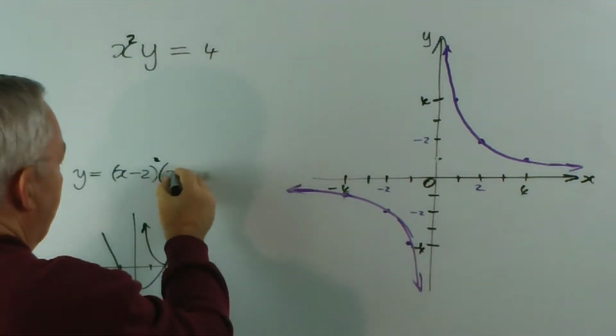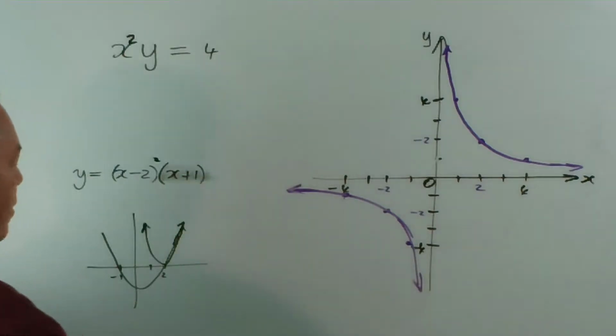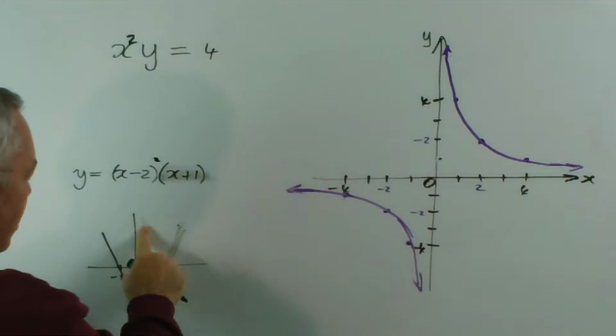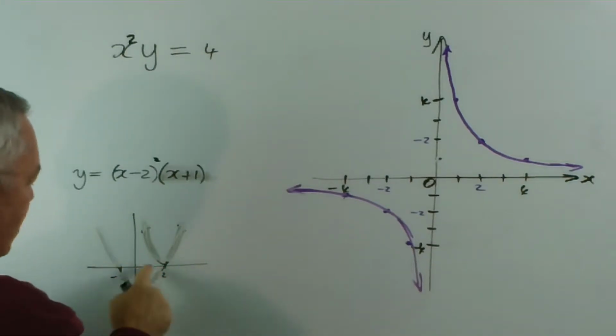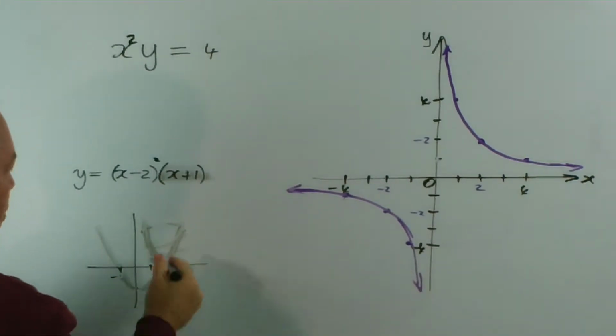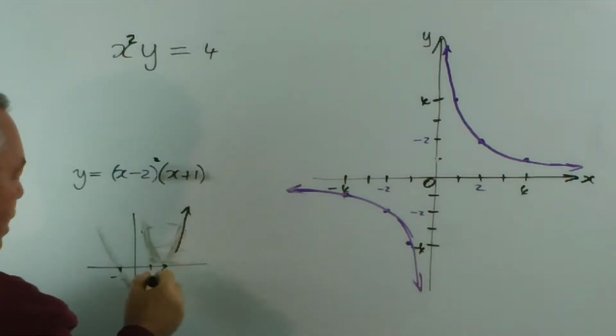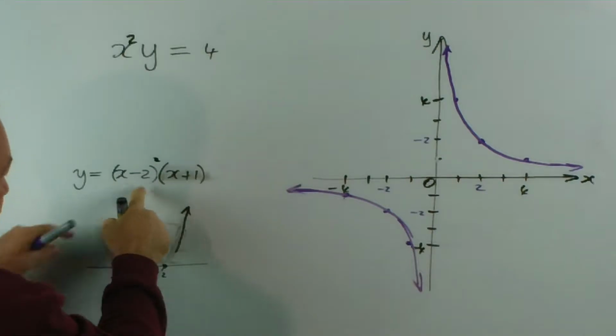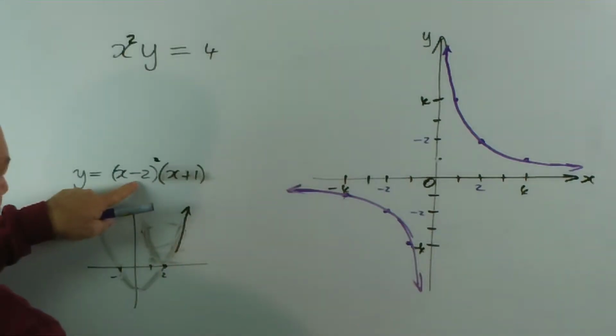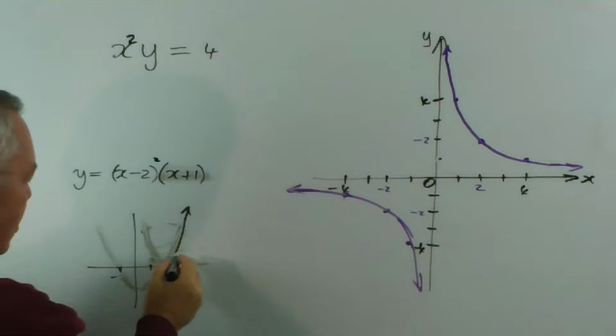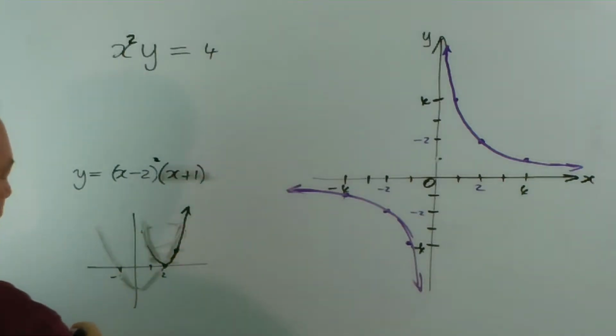If I had both roots, but this one was doubled, this looks a bit messy, but what would happen is the curve would come down, it would arrive at the 0 of 2, and it would behave like a parabola at that point and bounce off, and then it would curve around and come back down through the other root at -1.